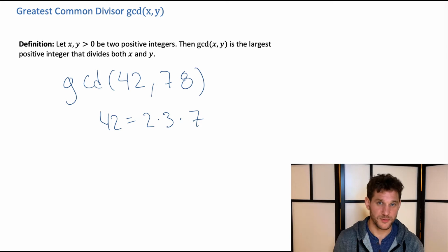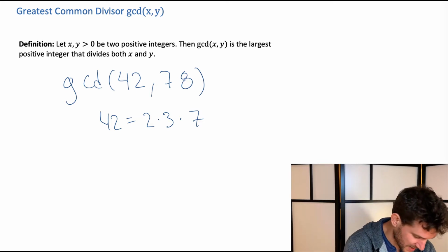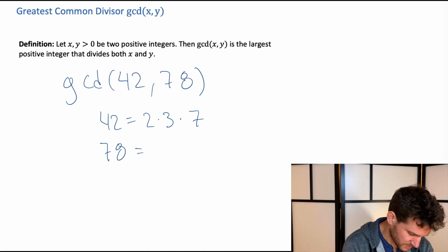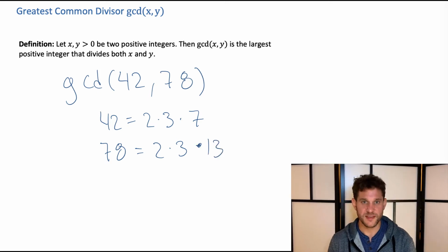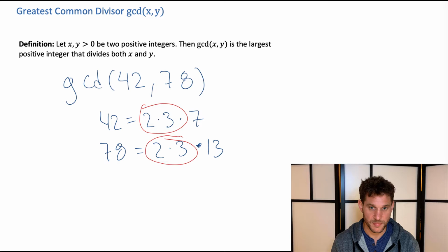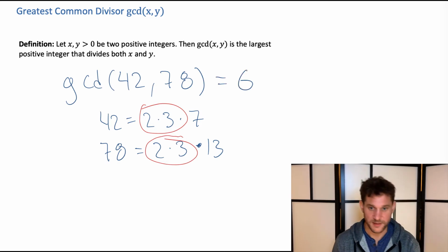We're going to learn soon that factoring numbers is not generally easy for large numbers, but for a small number like this, it's not too bad. 78 equals, well, divided by 2 is 39, so that equals 2 times 3 times 13, right? So you can see that 2 and 3 both divide 42 and 78. So 6 is going to be the greatest common divisor of 42 and 78. It's the largest integer that divides both of these numbers.